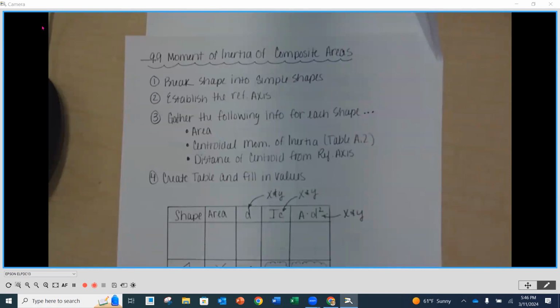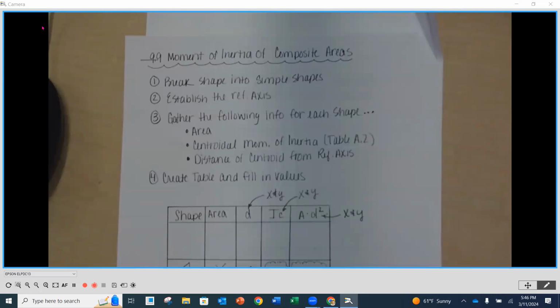First of all, we need to break our shape into whatever simple shapes there are, just like we did for centroids. Then we need to establish a reference axis. Depending on the problem, they might ask you to do it about the centroidal axis of the composite. If you don't know what the centroid of the composite is, then you need to calculate that first.